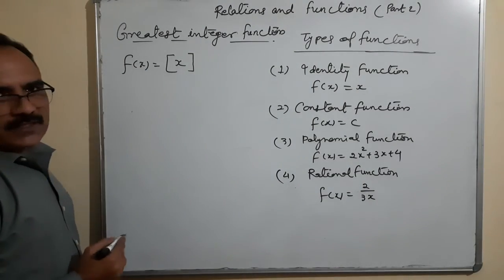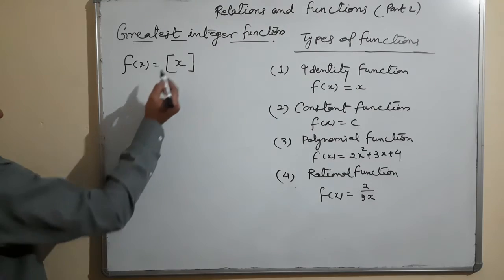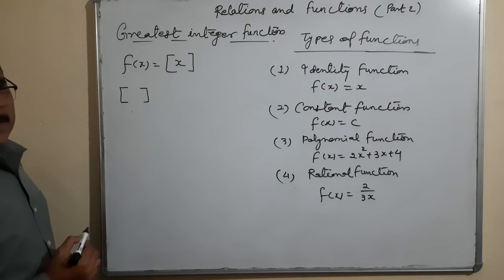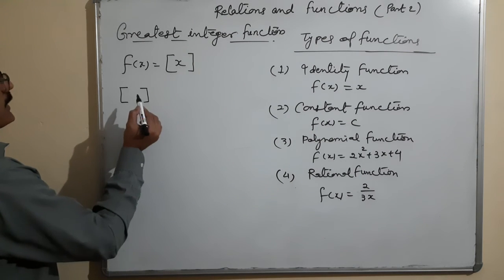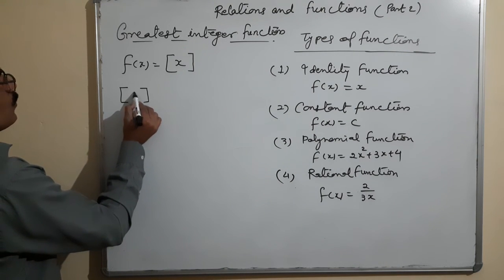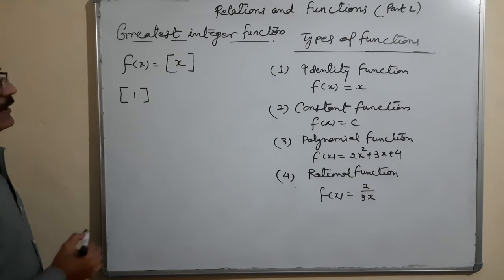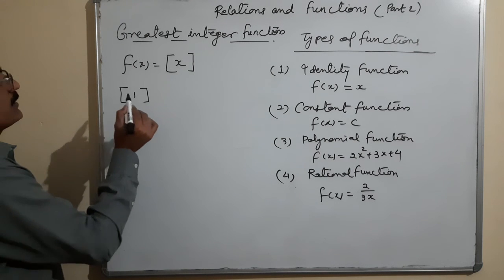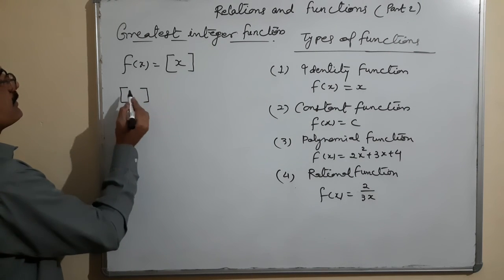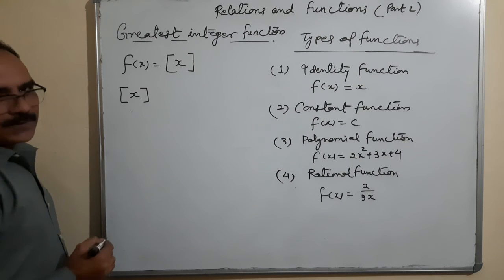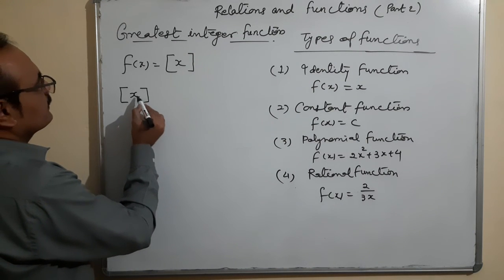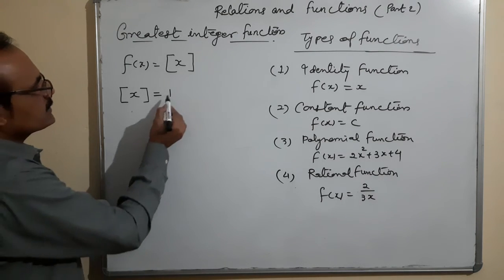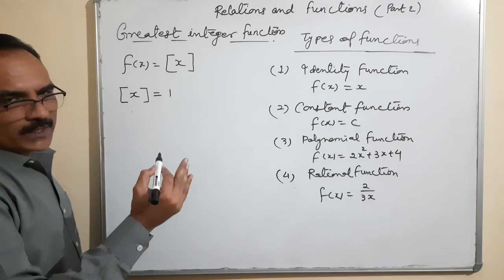In this greatest integer function, if any value comes, then what is the answer of it? Suppose in the greatest integer function I write the value 1. What does it mean? If I write x, f of x, and if this is equal to 1, that means +1 is coming.